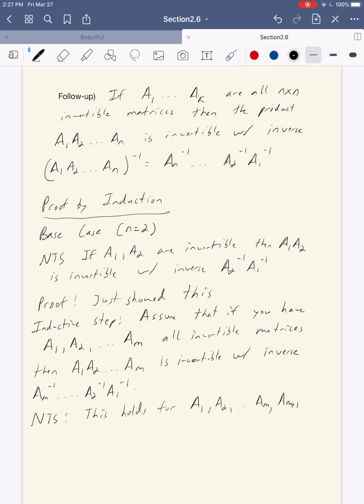All right, so let's go ahead and do that. What we're going to try to do here is we need to show that this holds for this set of matrices.